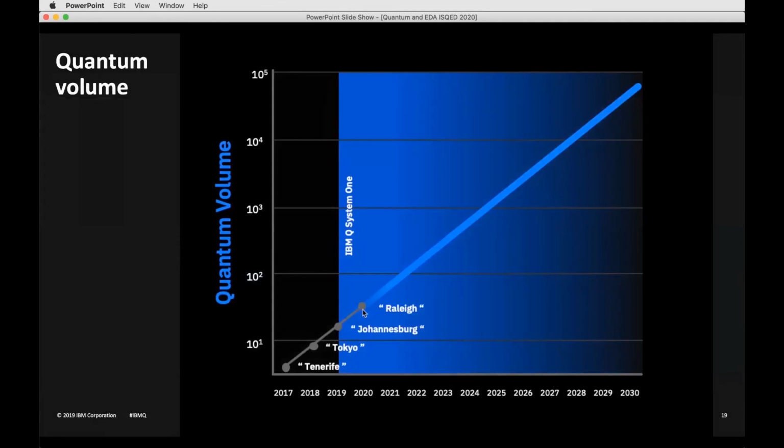So we believe that there are enormous engineering challenges to climb up this curve, but there are no fundamental limitations to significantly climb up this curve in the next couple of years and significantly increase the quantum volume.